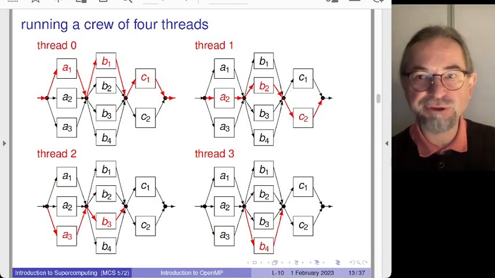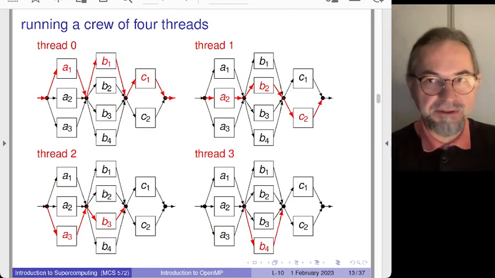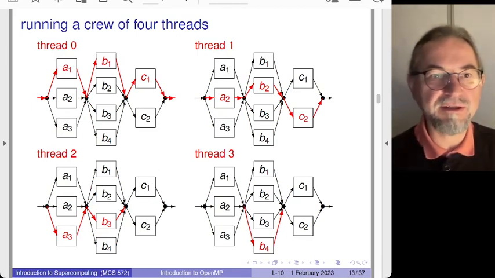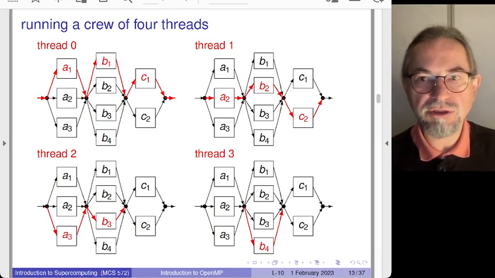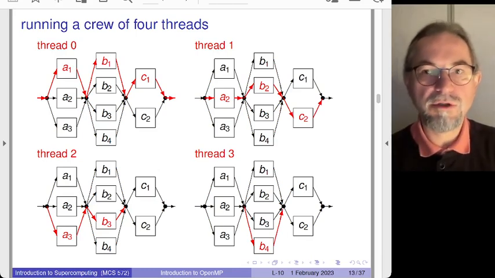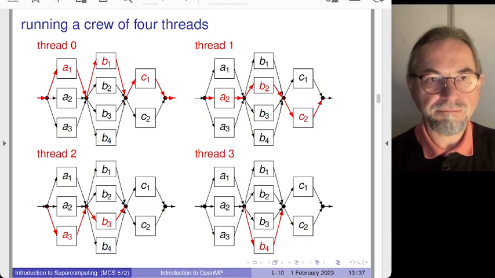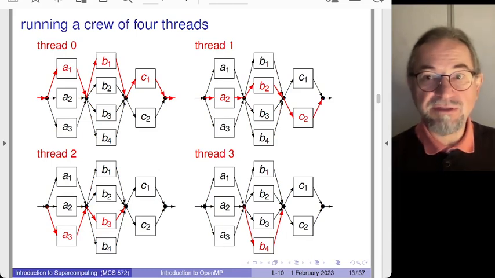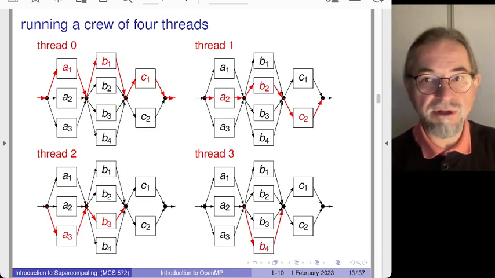So the language of threading probably becomes a little bit clearer if you look at these red arrows. You have threads of execution that run through this diagram. With MPI message passing, we had the manager-worker paradigm.